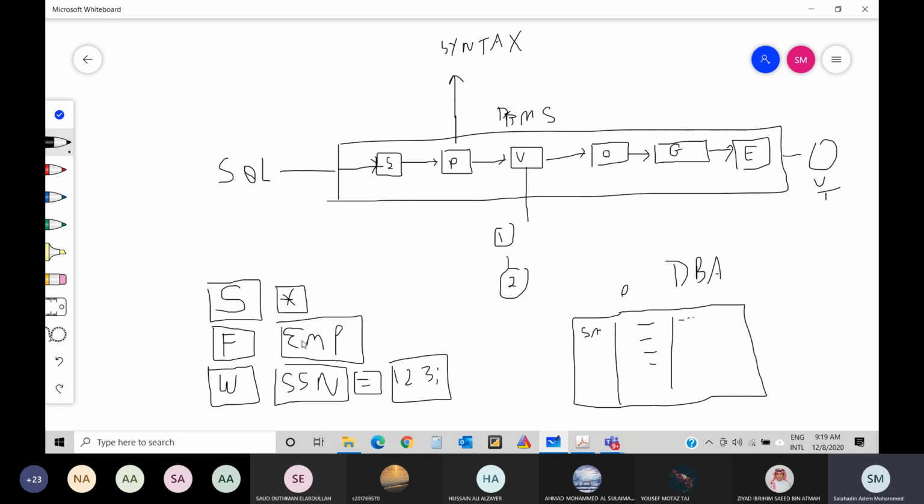It will check first whether this table exists, and then whether Salah is allowed to run this kind of SQL statement. So he will check the tables and the columns Salah is allowed to see in this table. When you become a DBA, you will know about all these 600 tables. Not all of them, that's a bit difficult, but you will know a lot of them. Very good question. Do you have any other question?